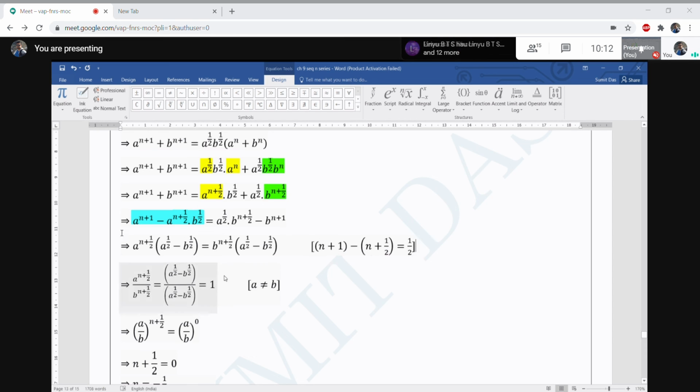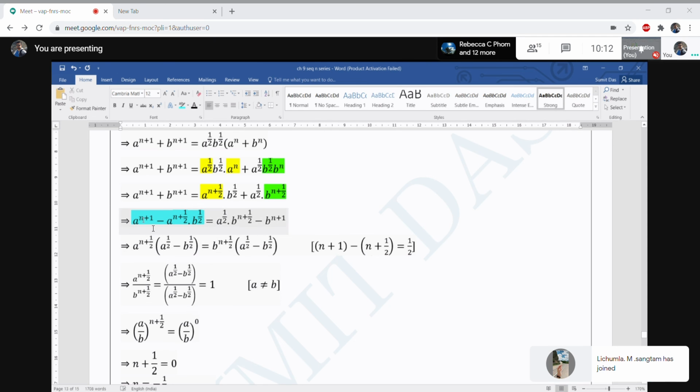So here you can see power of a will be 1 by 2, and here power of b will be 1 by 2, because here the coefficient of b to the power 1 by 2 is taken. Similarly on the right hand side you are taking common b to the power n plus 1 by 2, so that inside will be a to the power 1 by 2 minus b to the power 1 by 2.